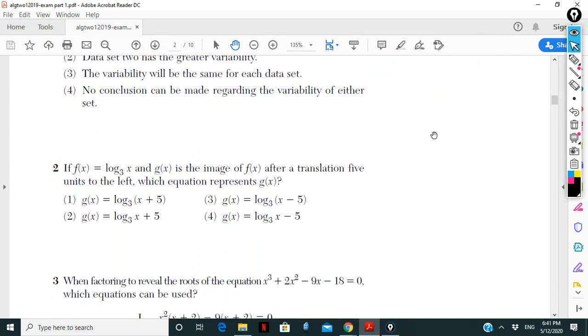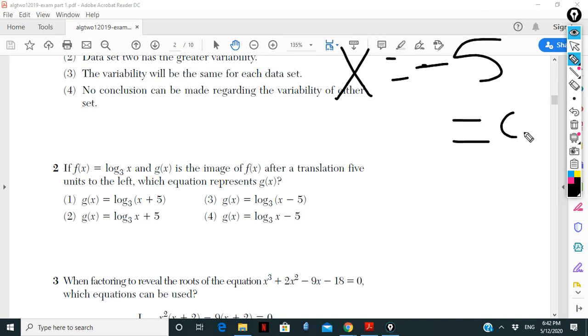If f(x) equals log 3x and g(x) is the image of f(x) after a translation 5 units to the left, which equation would represent g(x)? As you know, a translation to the left by 5 means it moves to the left by 5, so I shift the x value by 5.